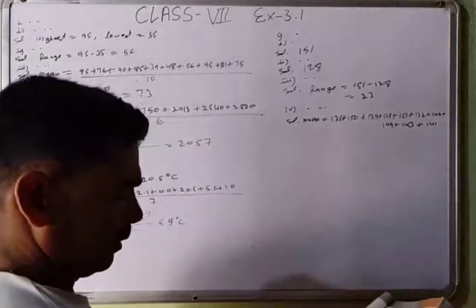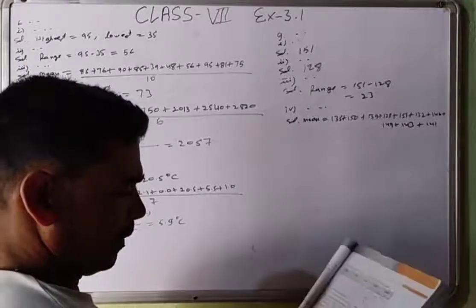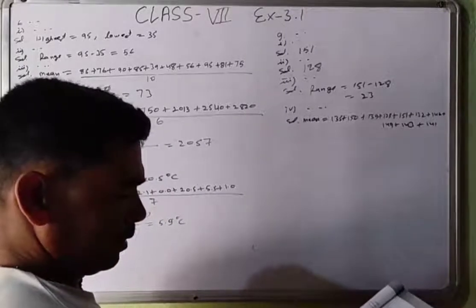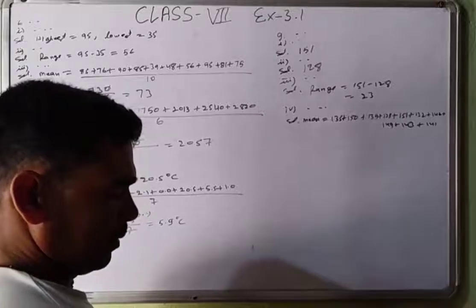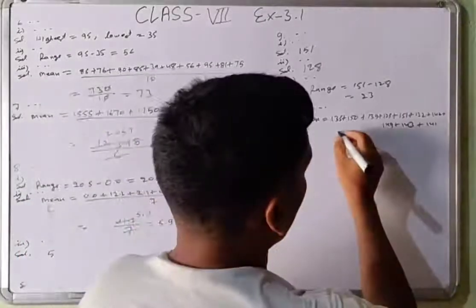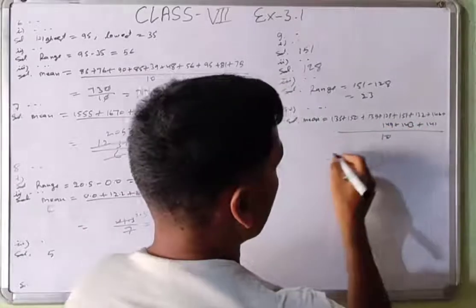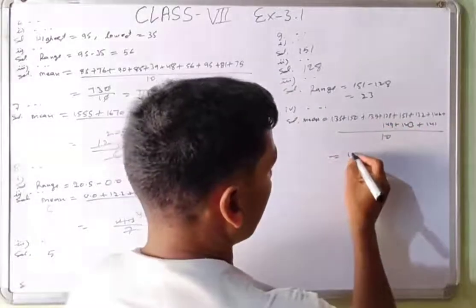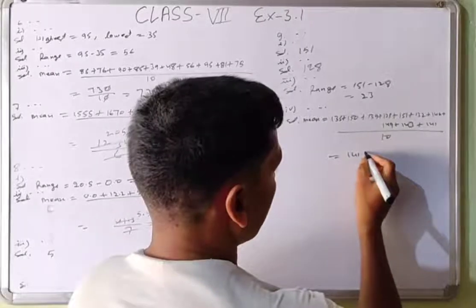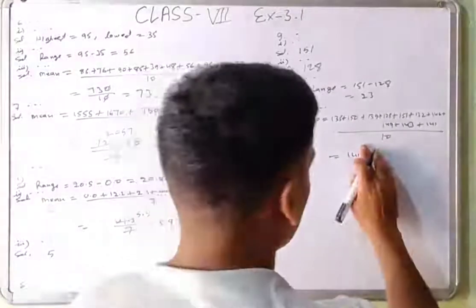Add all these, and upon 1 2 3 4 5 6 7 8 9 10.